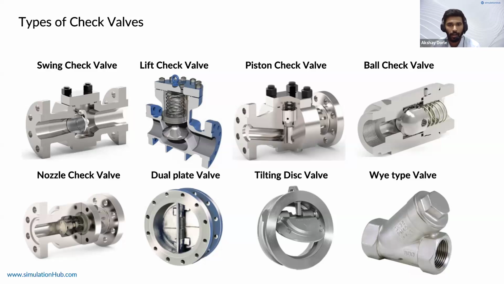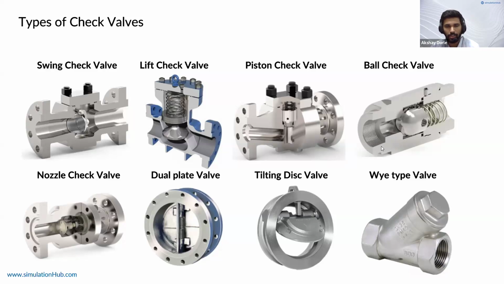So this is just a collection of check valves, you could say. These are the various types of check valves depending on the industry, depending on the application. You would use swing check valve or disc check valve or dual plate check valve. Then we have ball check valve. This again is a spring loaded one.